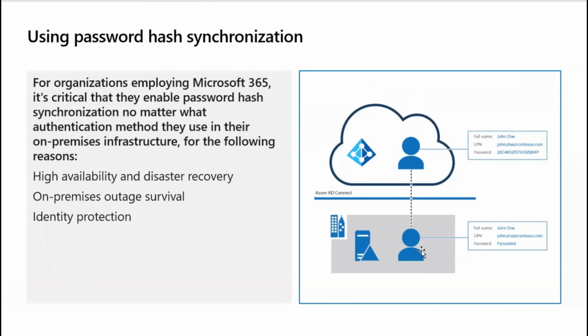Your on-premises identity will be linked with your cloud identity. In case something happens on-premises, you'll be able to use the services with the cloud identity. That's high availability and disaster recovery. During an on-premises outage, you can use the cloud account, and it also supports identity protection.